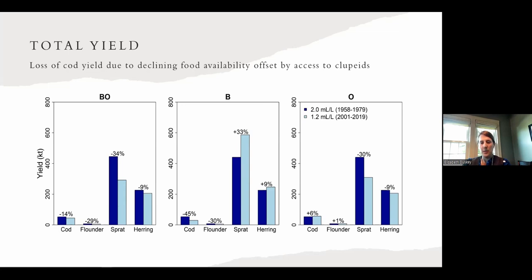In the BO model, declines in growth caused by declining food availability are offset relative to the B model by moving to the pelagic habitat where sprat and herring are available for consumption. Accounting only for declines in benthic resources leads to extremely sharp declines in cod, whereas accounting for changes in cod occupancy in the benthic environment leads to a projection even of slight increases in biomass as well as yield.